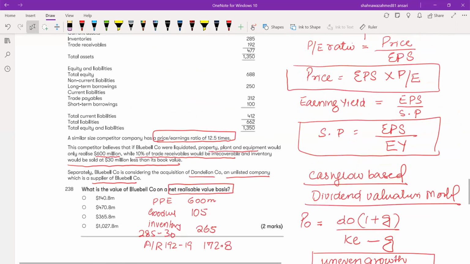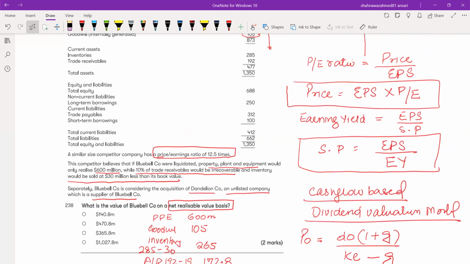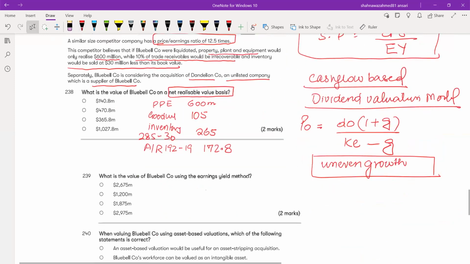Now, accordingly, we have liabilities. So total assets minus total liabilities. So we have current liabilities and non-current liabilities. So total liabilities are this one, a total liability of 662.